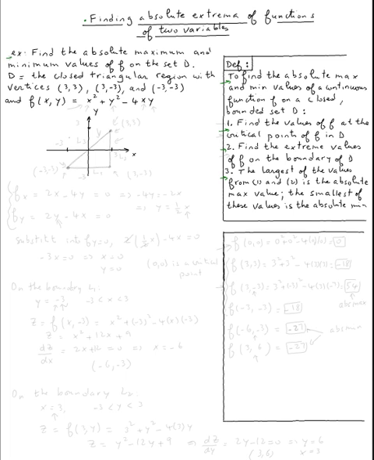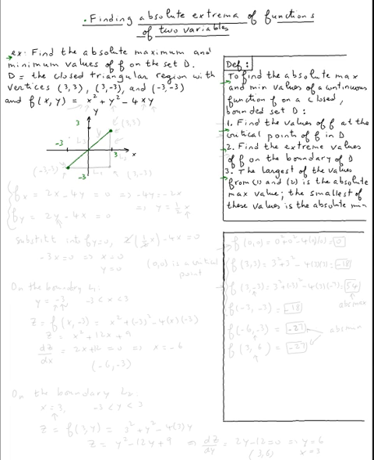Alright, so let's do this example. Find the absolute maximum and minimum values of f on the set D. D is the triangular region with vertices (3, 3), (3, -3), and (-3, -3).